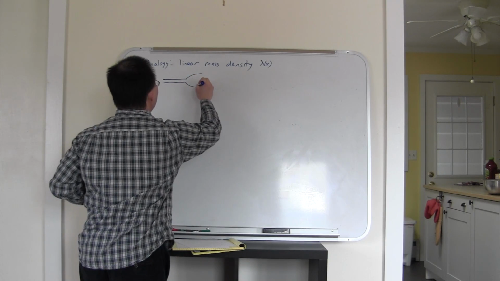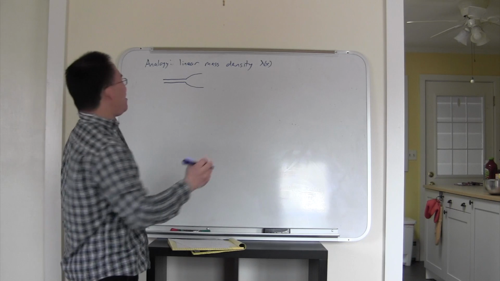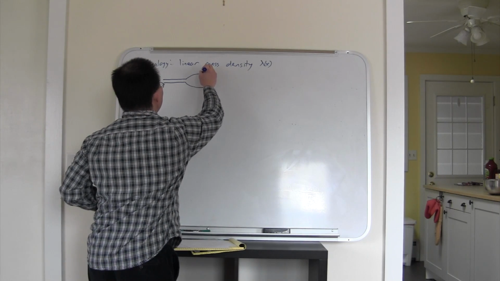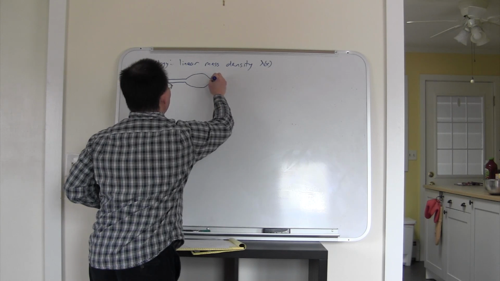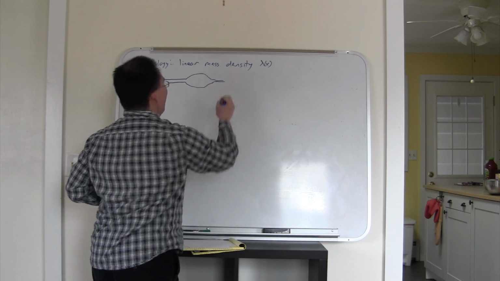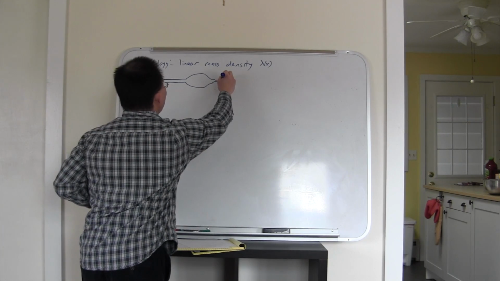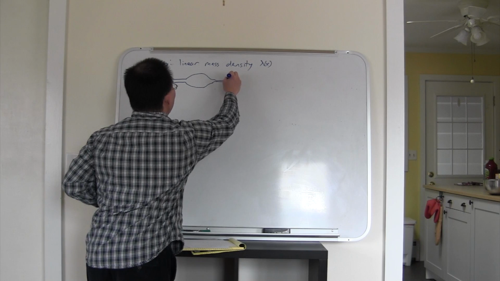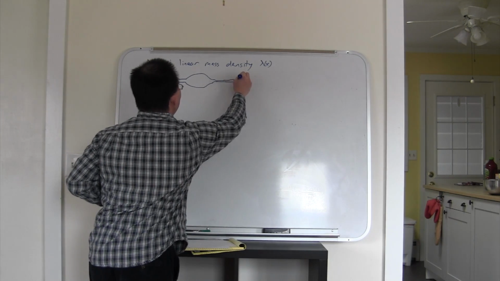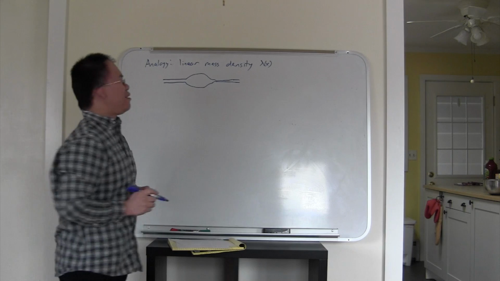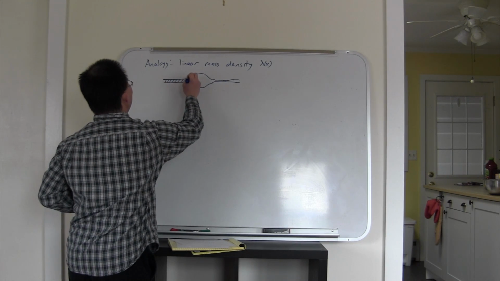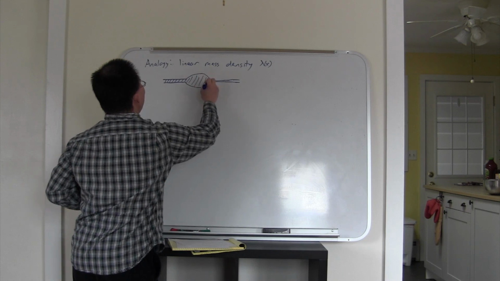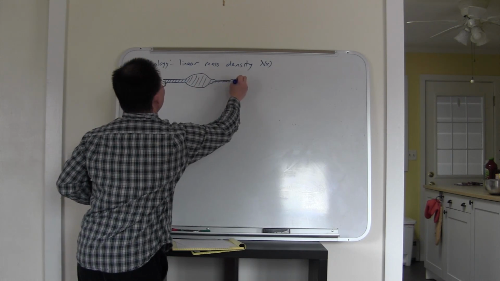It has this wider section, and then maybe it gets really skinny, like so. And then it widens up again. Something like that. Let me just fill this in.